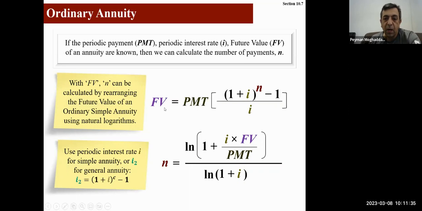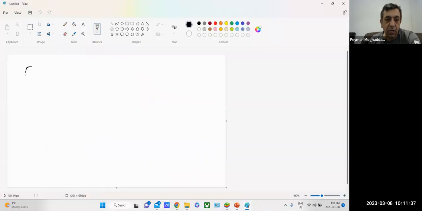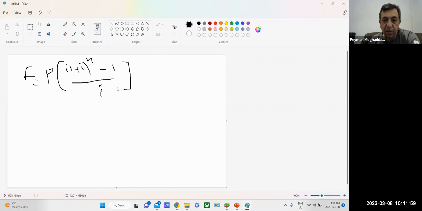Future value is going to be P times (1 plus i) to the power of n minus 1, divided by i, right? So that's the future value problem.